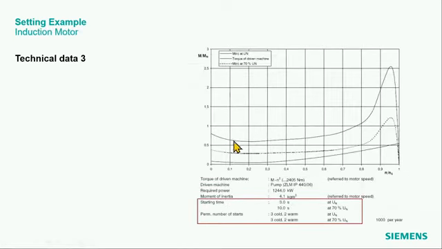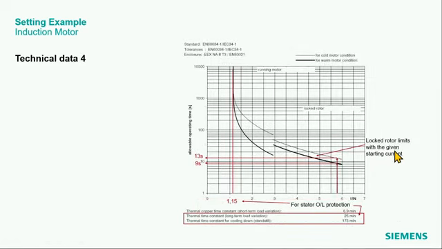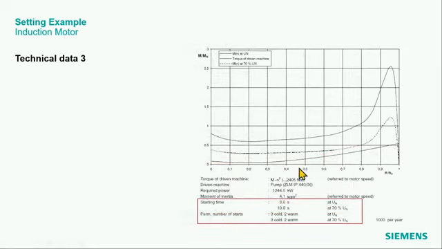So here's a diagram with the torques and the mechanical torque. You see the mechanical torque required by the driven machine is smaller than the torque of the motor. Therefore, the motor will start up. And here I have an indication about the starting time, 3 seconds and 10 seconds.